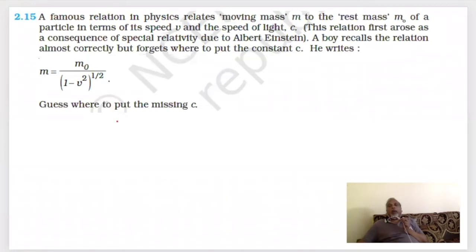A boy recalls the relation almost correctly but forgets where to put the constant c. He writes: m is equal to m0 upon (1 minus v square) to the power 1 by 2.